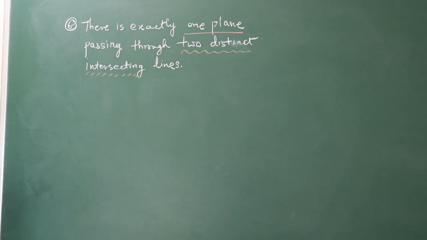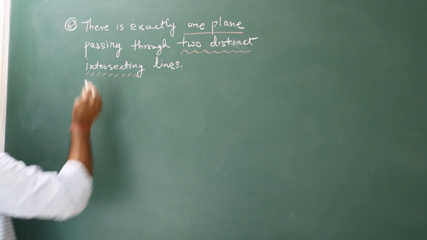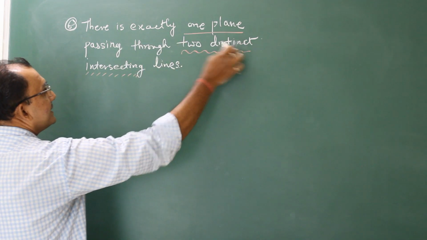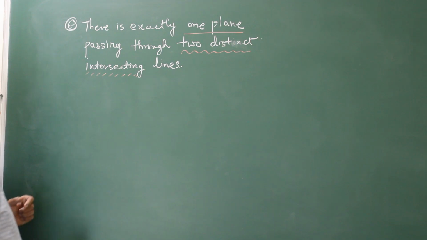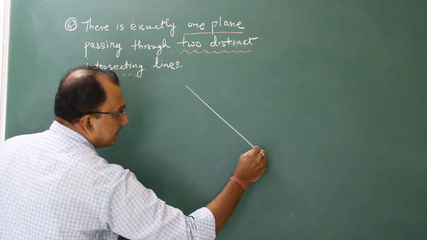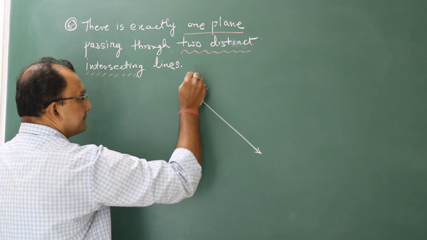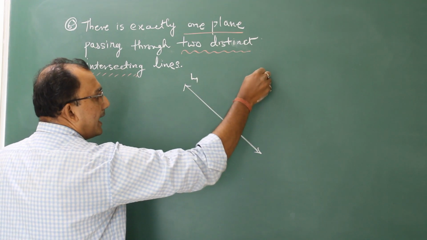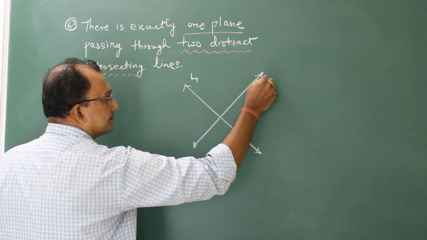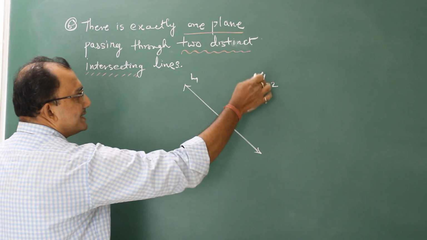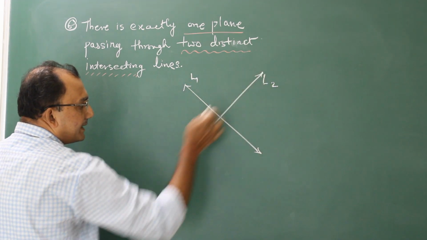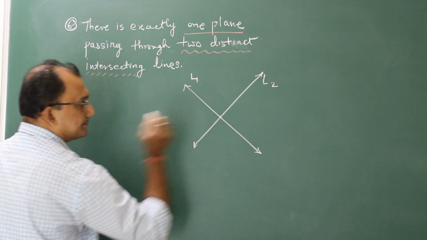What does it mean? First of all, we should know what two distinct intersecting lines are. So this line L1 and L2 are two distinct intersecting lines.